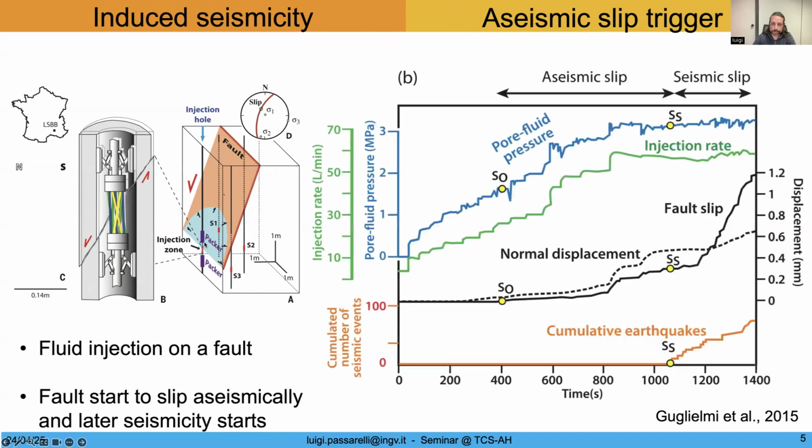And if you see this complicated plot where the top two lines are the pore fluid pressure increase and the injection rate, and you focus on the strain meter, the displacement that has been measured on the fault at this point here, you see that there is an increase of the opening and of the shearing of the fault, the black lines, that is anticipating the start of the seismicity that you can see from this orange line here.